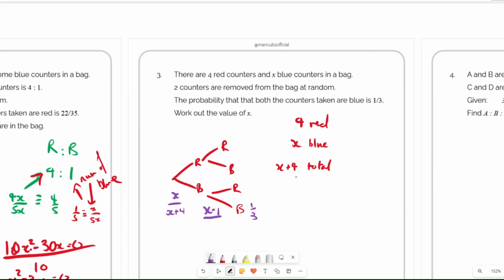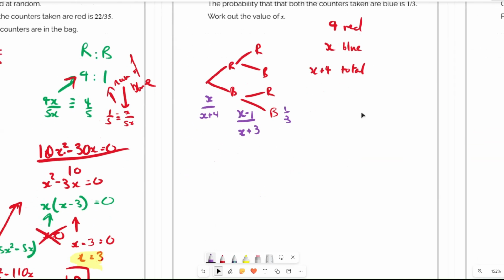So x minus 1 over x plus 3, because 4 minus 1 is 3, obviously. And then all we've got to do, like the other one, these questions do get very formulaic. We've just got to form an equation, multiply it, solve the quadratic, and there you go. So x over x plus 4 multiplied by x minus 1 over x plus 3 equals 1/3.